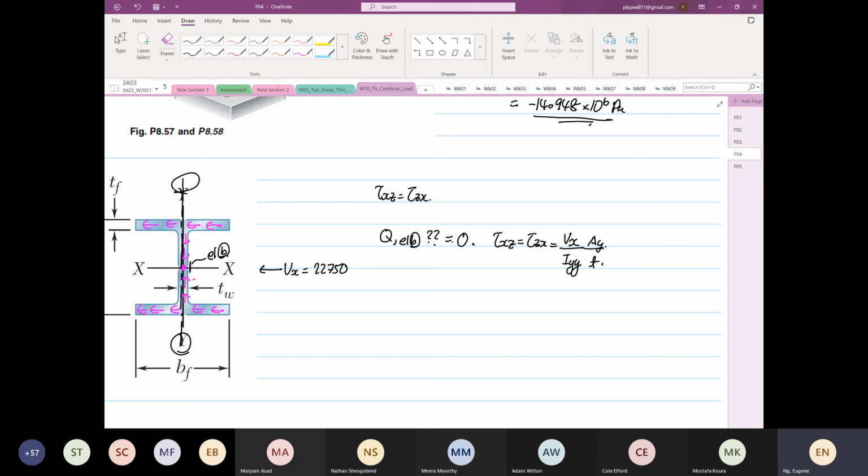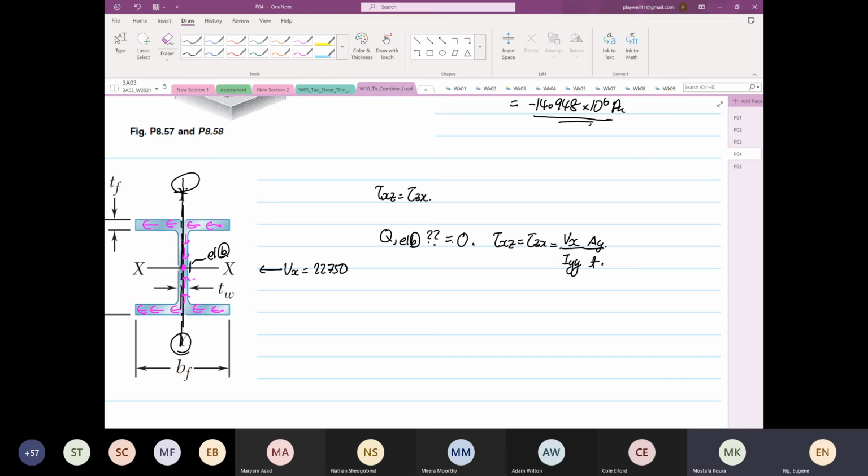I have a question. So would it be wrong if you were to write the arrows coming out of the middle instead of going into the middle, and would Q still be 0 then? So the shear flow is in the opposite direction.